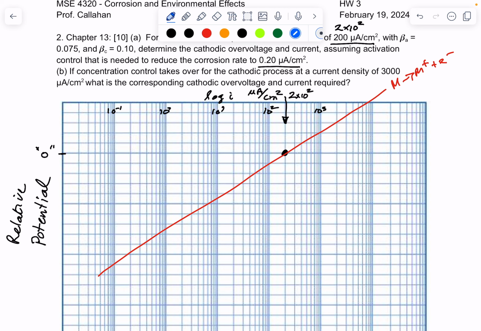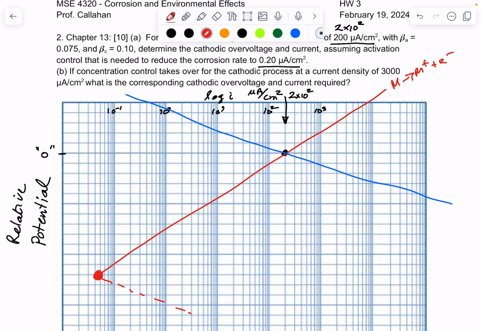And then the second thing we have happening is that we have some sort of reduction reaction like that. Relative to the metal, it would have an exchange current density. At that exchange current density, the oxidation rate is equal to the reduction rate, right?